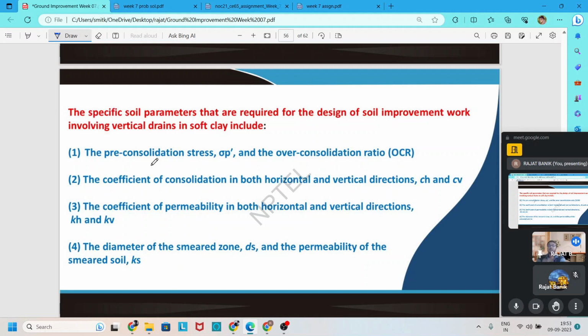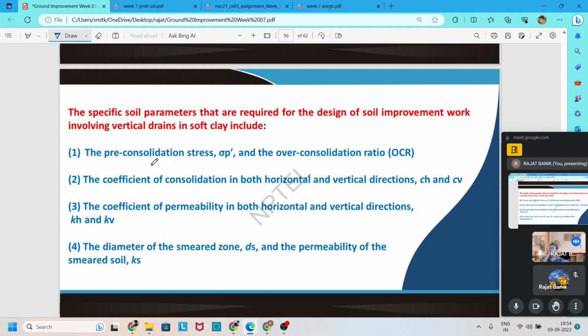And then we need to find out the coefficient of consolidation in both directions, horizontal and vertical. And by this coefficient of consolidation, we find out the degree of consolidation. And also by this coefficient of consolidation, we find out the coefficient of permeability in both directions, horizontal and vertical. After that, we also need to find out the diameter of the smearing zone.